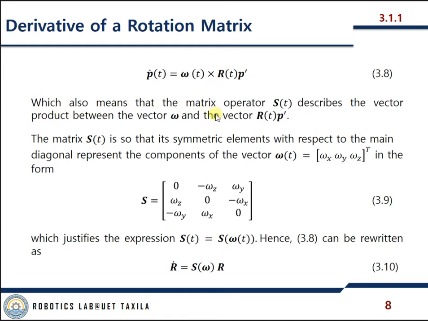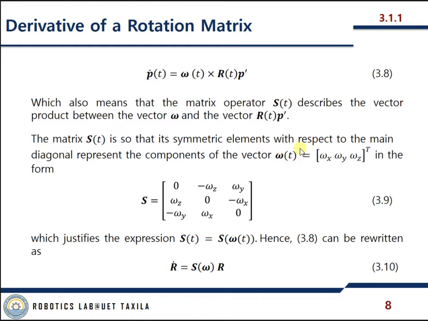This also means that the matrix operator S(t) describes the vector product between the vector omega and the vector R P bar. The matrix S(t) is such that its elements symmetric with respect to the main diagonal represent the components of vector omega(t), because this is skew symmetric.